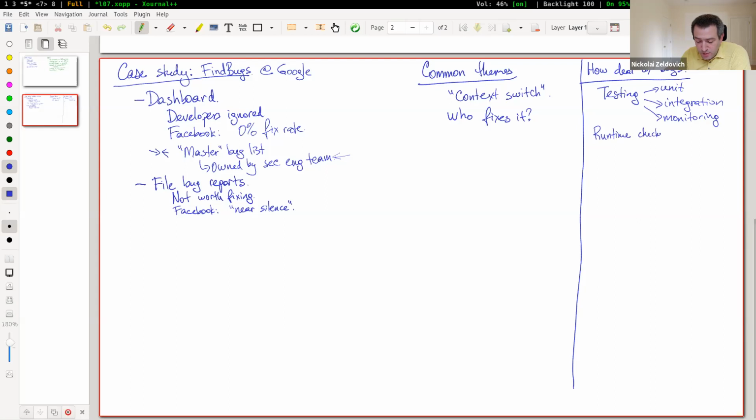Maybe you can think of them as being in the monitoring category, but you have a piece of software running, either running some synthetic workload like a test workload or in production, and maybe you augment the code with some checks so you can check if something bad is going on. And there's lots of tools here that maybe find race conditions or overflows, and we'll look at some of these tools later in the class, but that's a pretty rich area for how to deal with bugs.